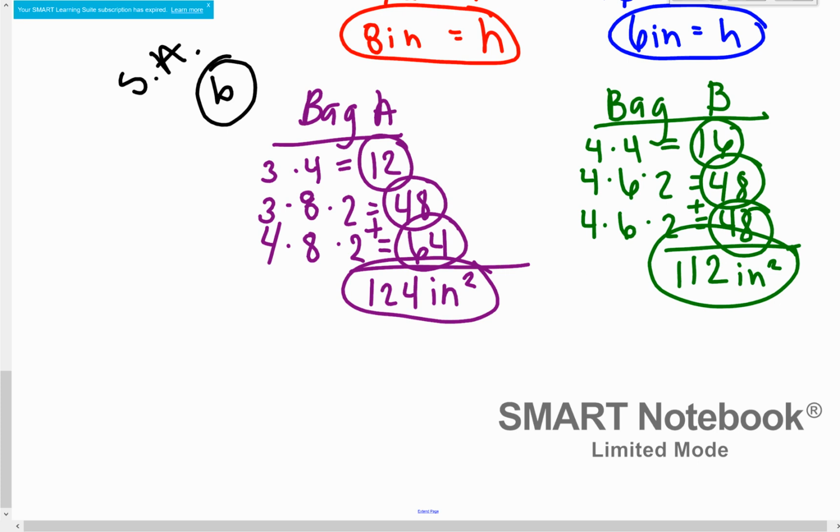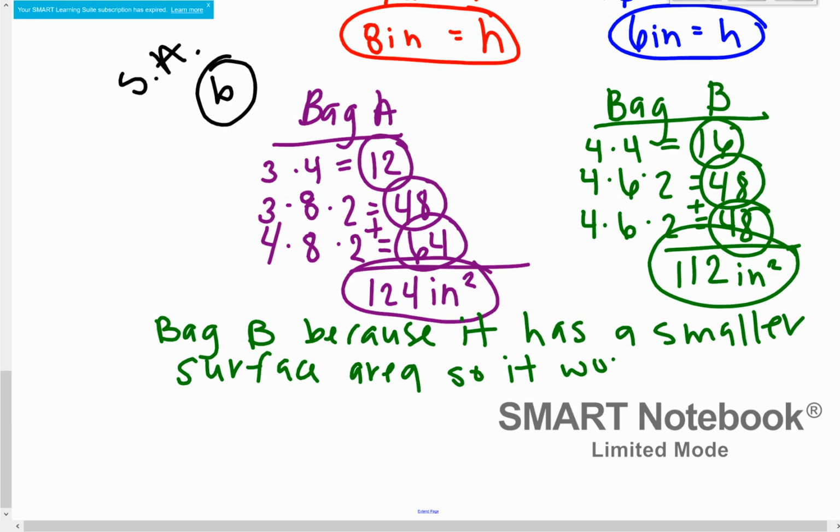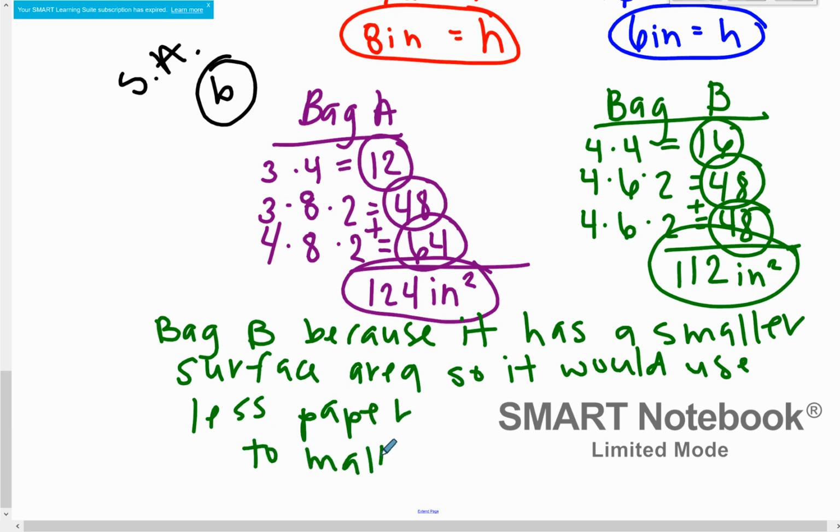We are going to answer this question by saying we would choose bag B because it has a smaller surface area, so it would use less paper to make. Right, and that would be our answer to this question.